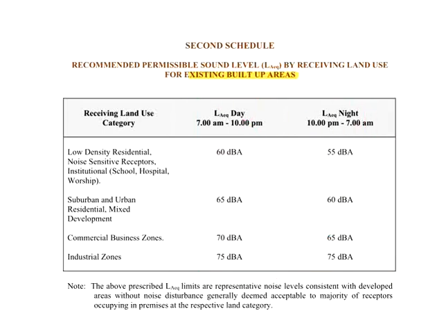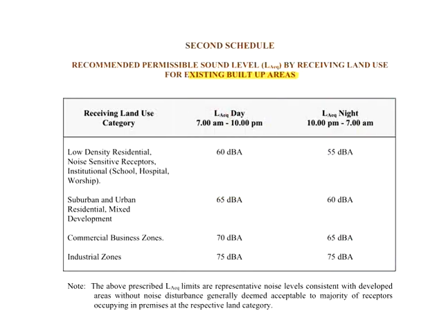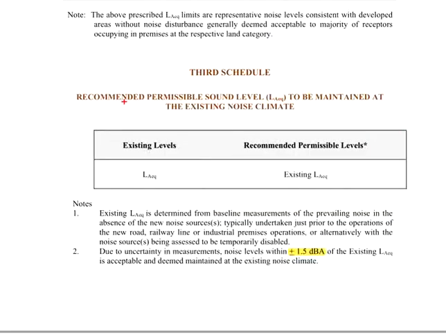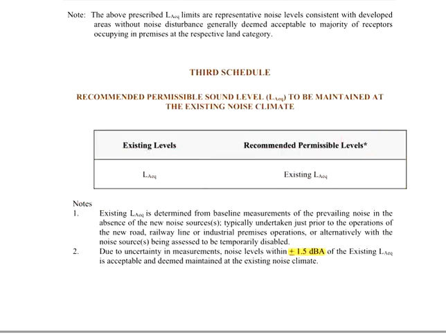Now, if the existing sound level for the surrounding areas has already exceeded those limits in the second schedule, then your target will be on the basis of the third schedule. Your development shall not significantly add up the noise level of the surrounding areas. The ultimate goal here is to maintain the existing noise climate.